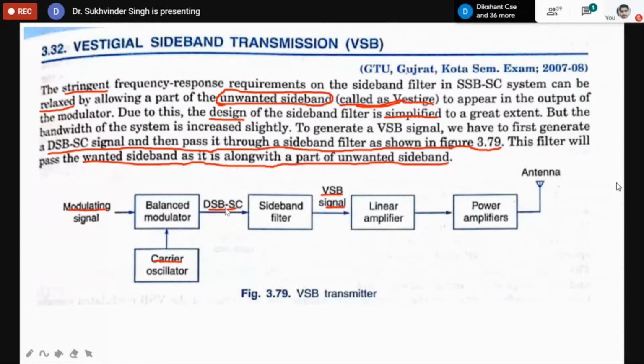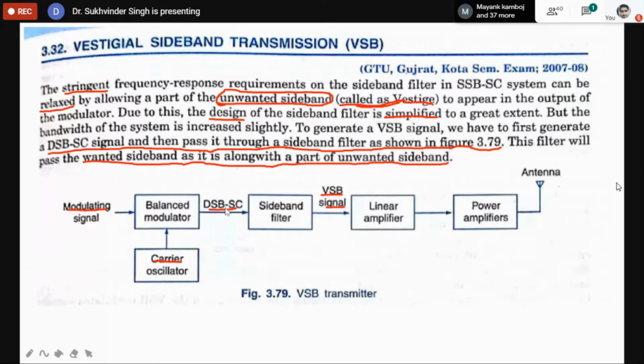So to avoid this duplicacy of the information, we make use of some filters. In our previous lecture, we discussed the various filters, and these filters are nothing but the mechanical filters, the electric filters, etc. Their main focus is to suppress the carrier and to filter one of the components of the upper sideband or the lower sideband, not all the components of the upper sideband and the lower sideband.